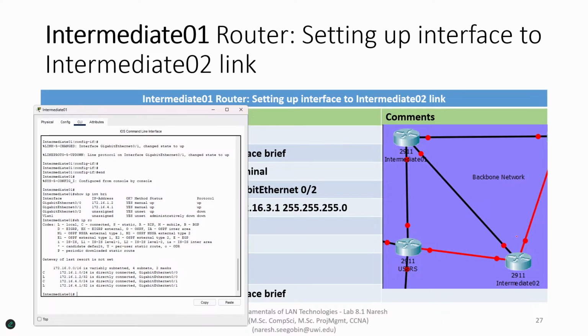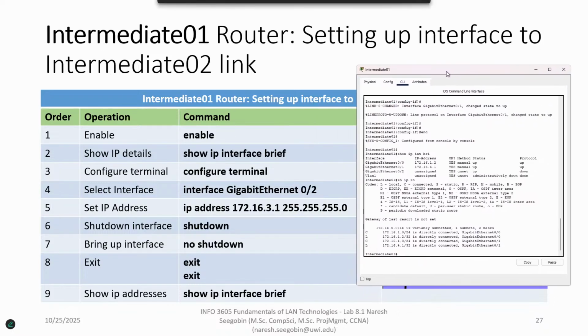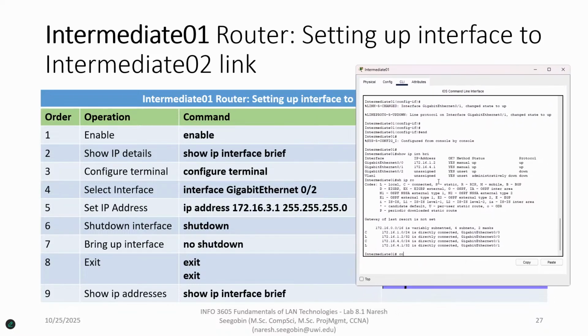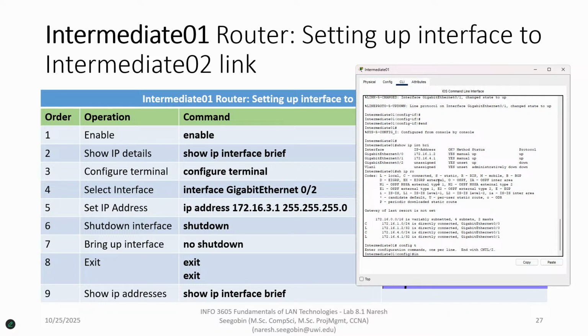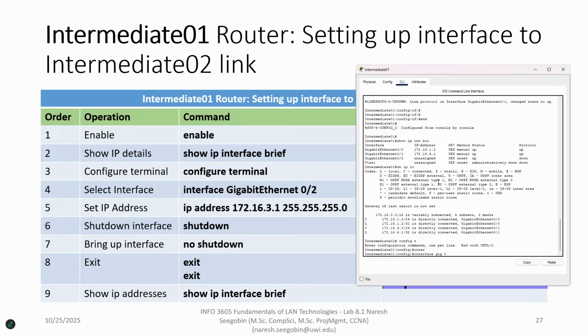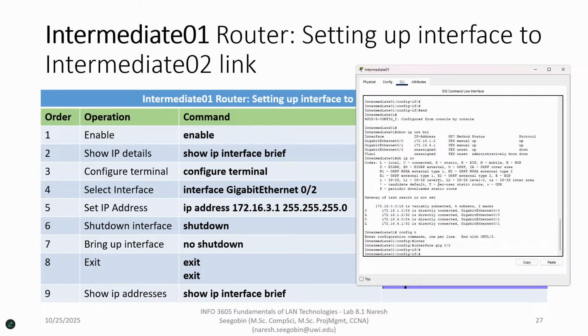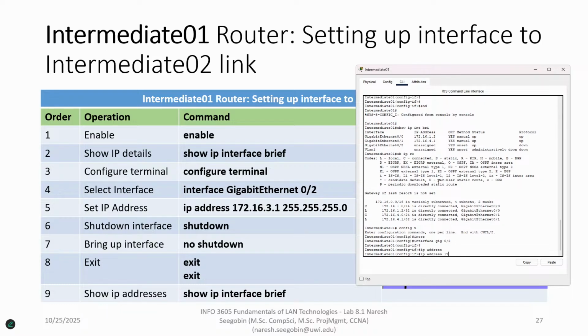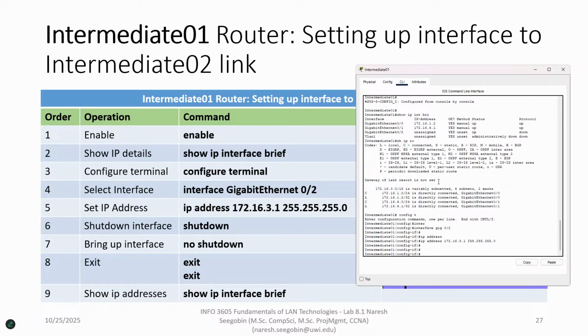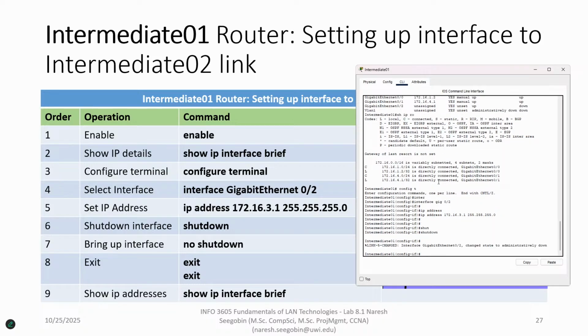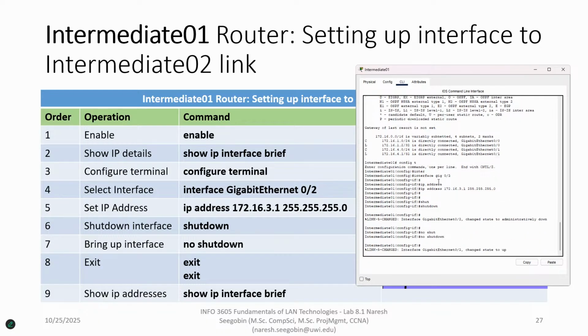What I didn't do is circle it in this diagram, but I really hope you get the picture. Interface 0, 2, IP address 172.1.6.3.1.